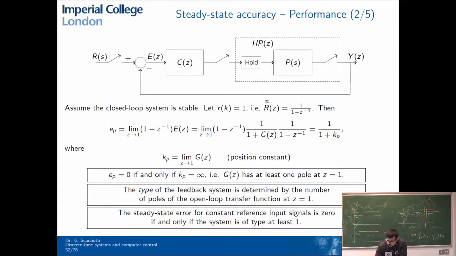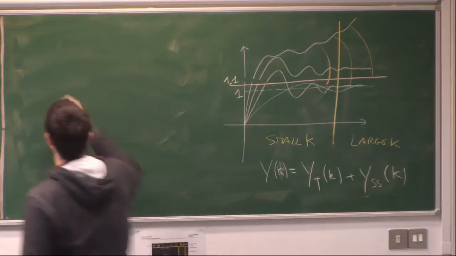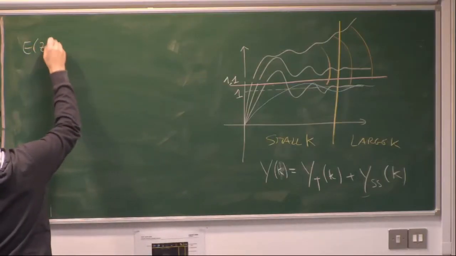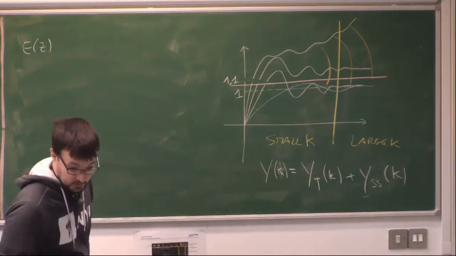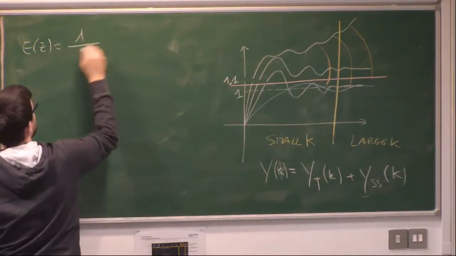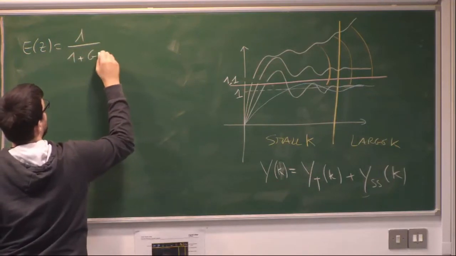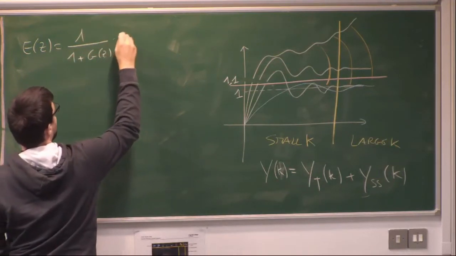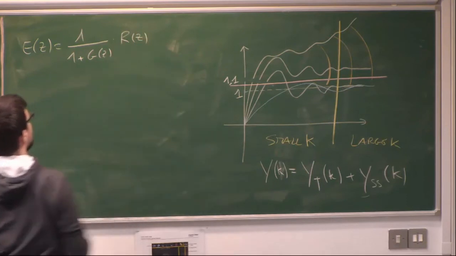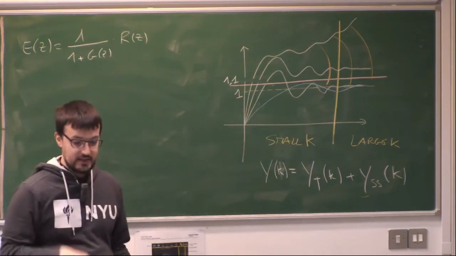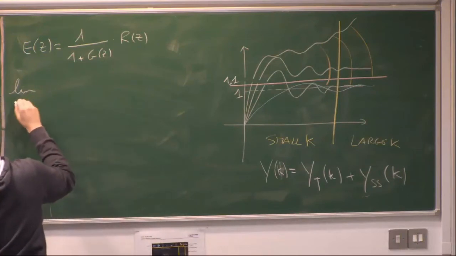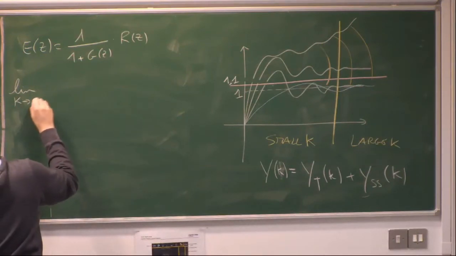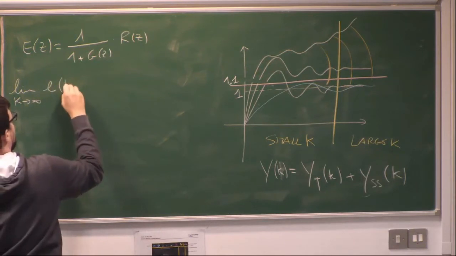Then what we want to compute is the steady-state error. How do we do that? Well, we have seen that E of z, as written on the slide, is equal to 1 over 1 plus G of z times R of z. Now we want to compute the limit with k that goes to infinity of e of k.